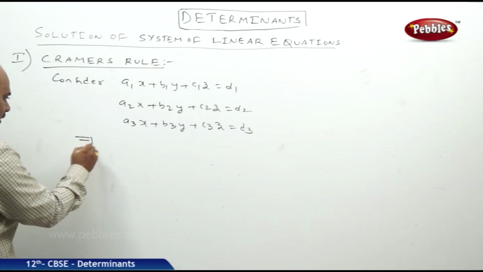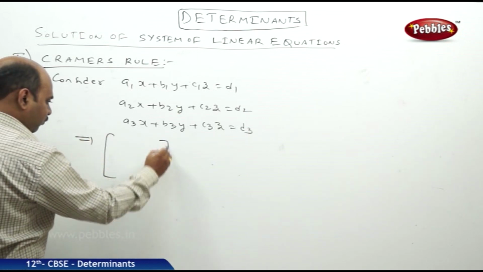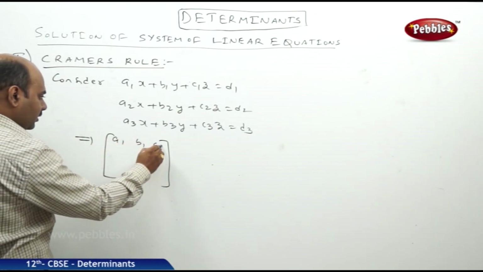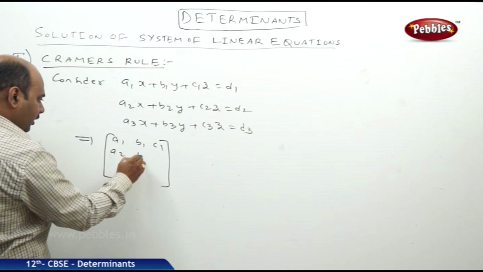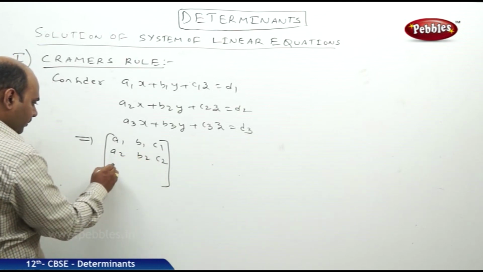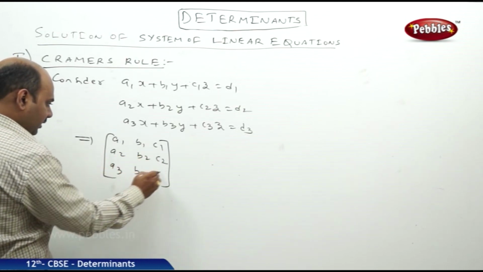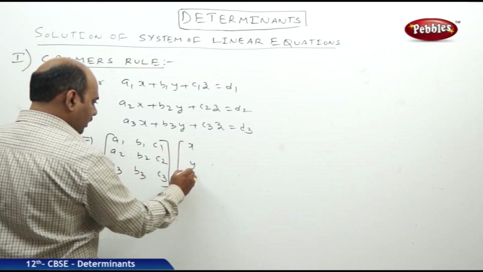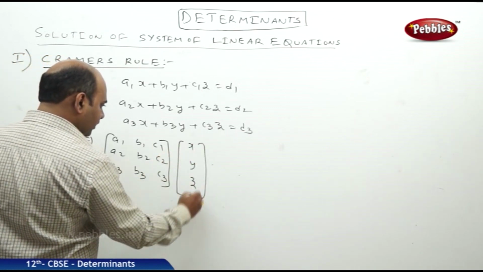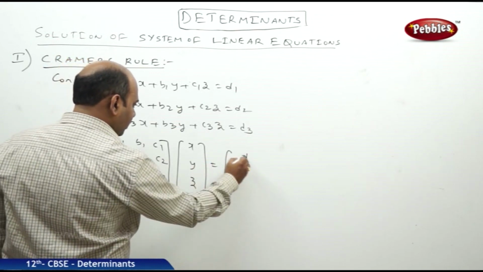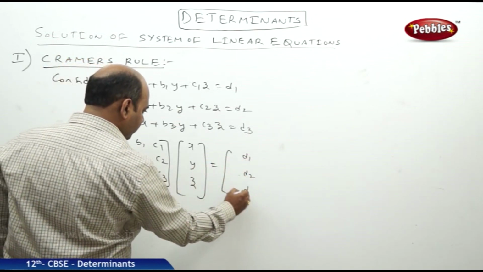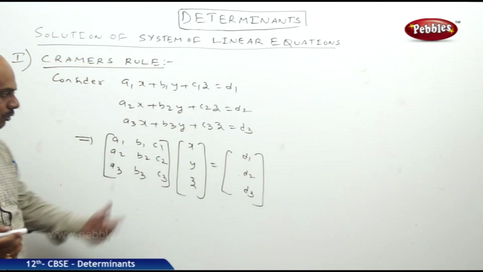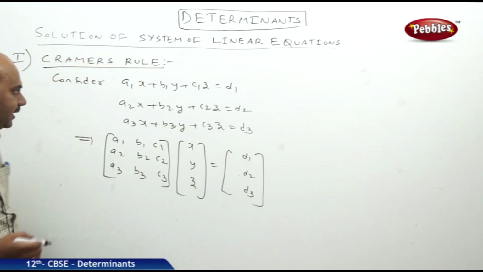This one, when kept in matrix form, how can we write? a1 b1 c1, a2 b2 c2, a3 b3 c3 into x y z is equal to d1 d2 d3. The system of linear equations put together in matrix form I can write like this.